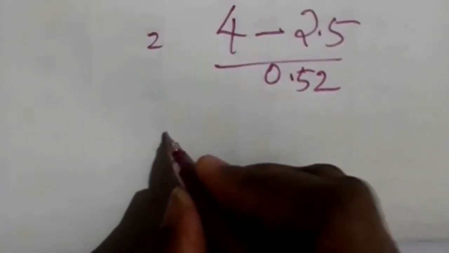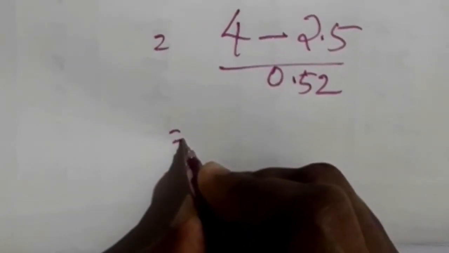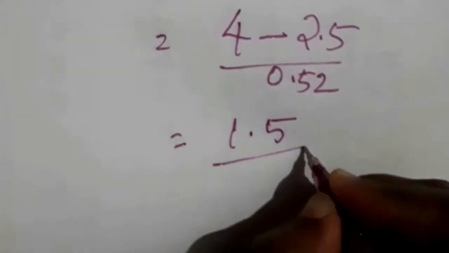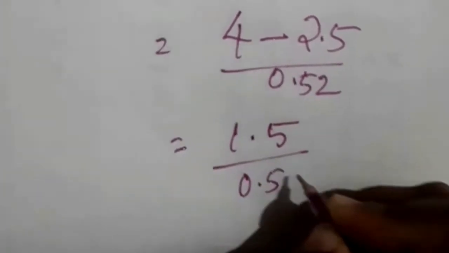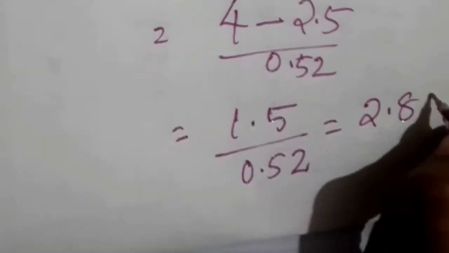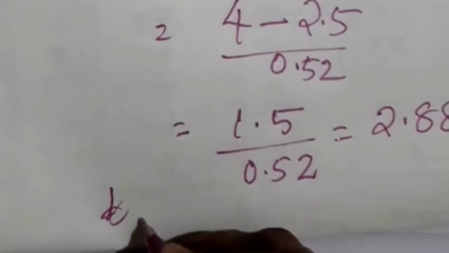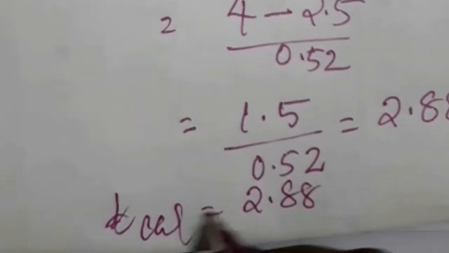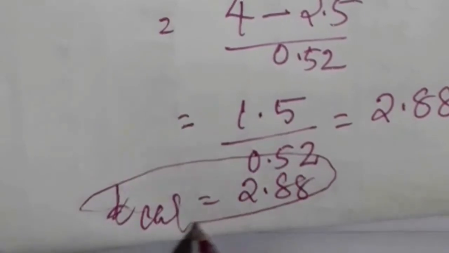So 4 minus 2.5 is equal to 1.5, divided by 0.52 is equal to 2.88. That is, the T calculated value is equal to 2.88. That is the final result.